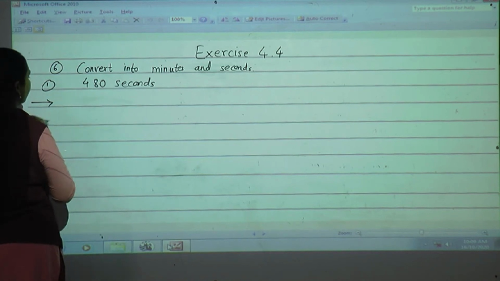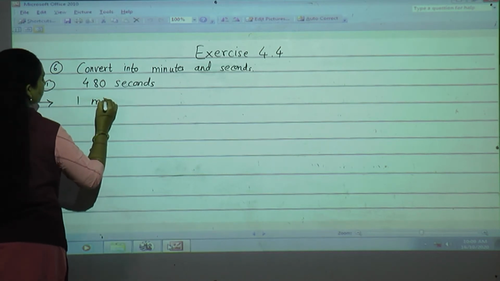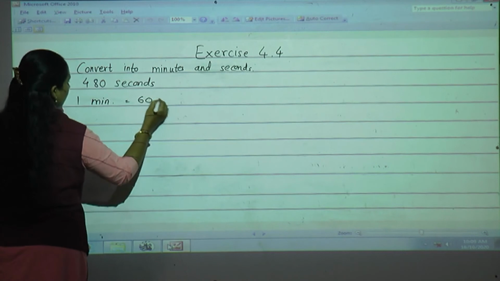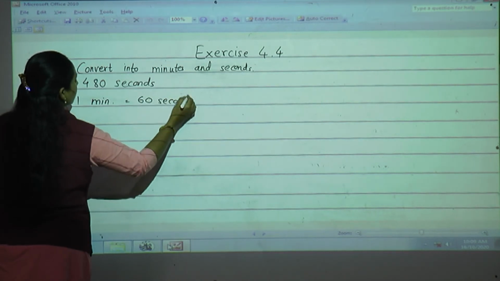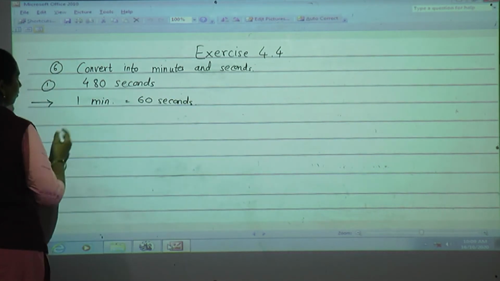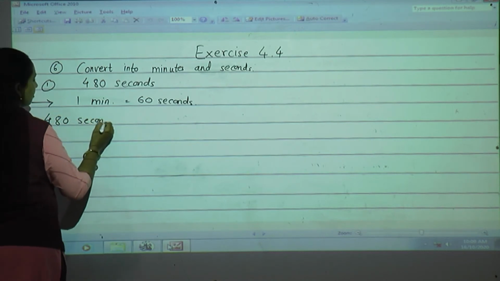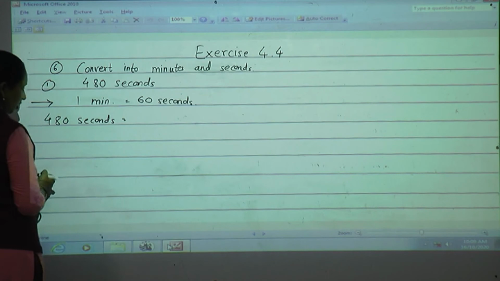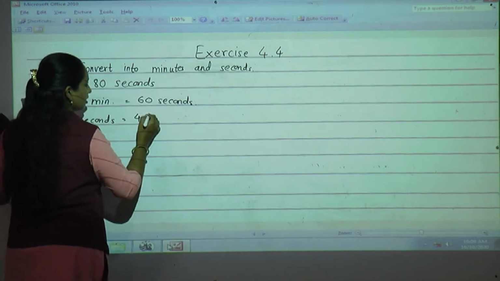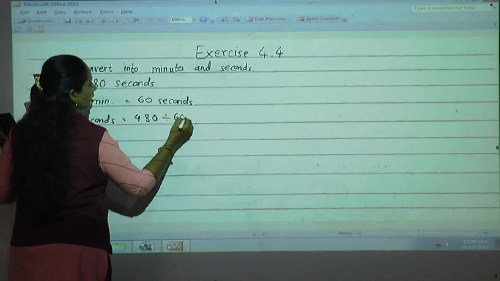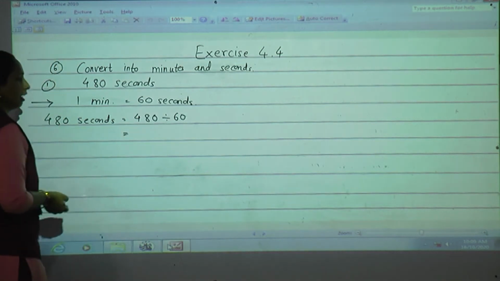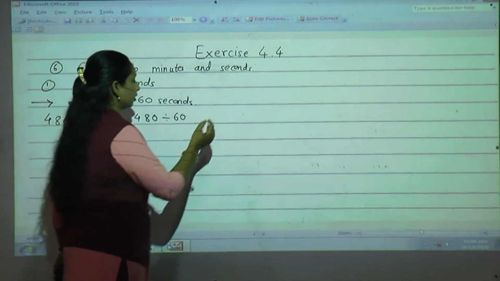Okay? 1 minute is equal to 60 seconds. So when you want to convert 480 seconds into minutes, you have to divide by 60. Okay? Now we will do the rough work for the division.